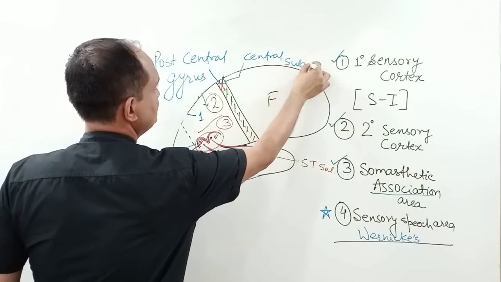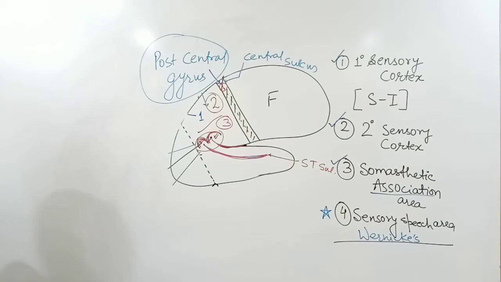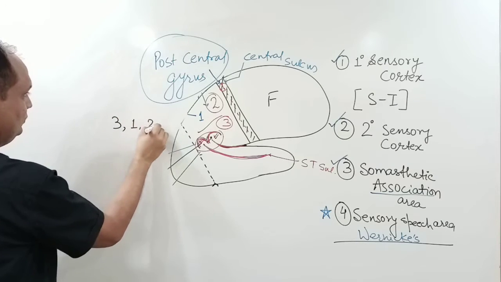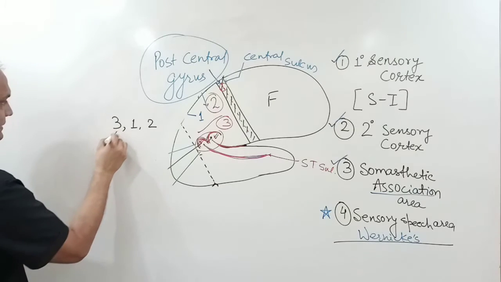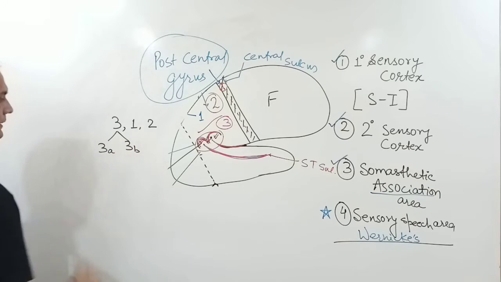So the postcentral gyrus occupies the primary sensory cortex, Brodmann's areas number 3, 1 and 2. Now area 3 is divided into 3A and 3B.